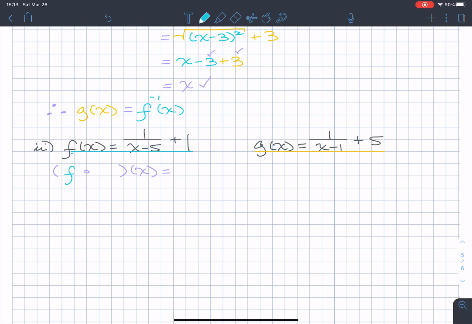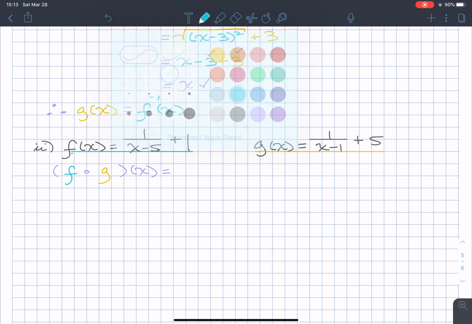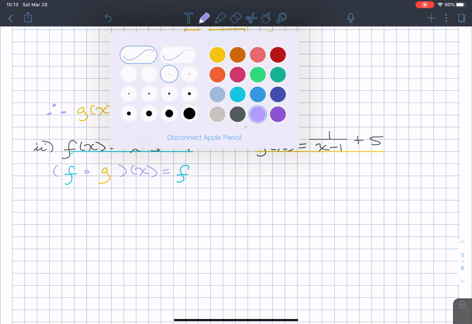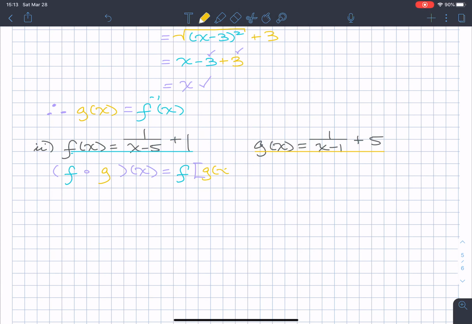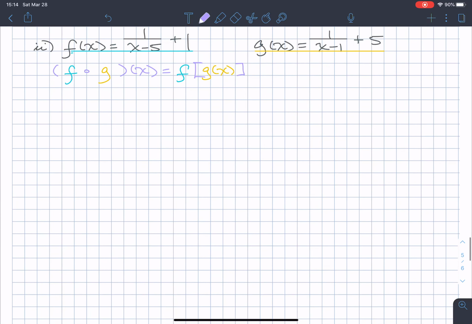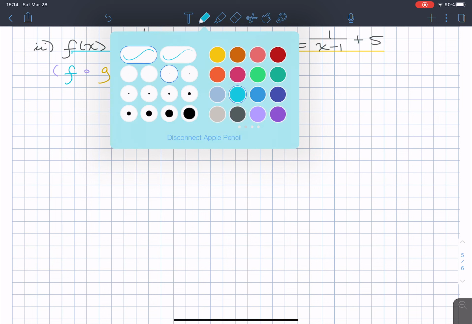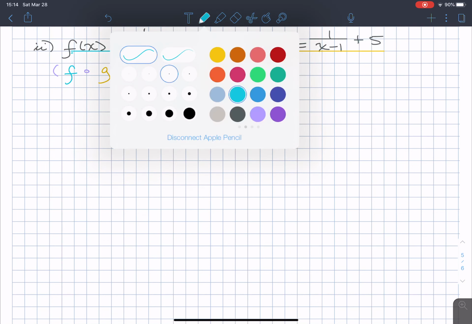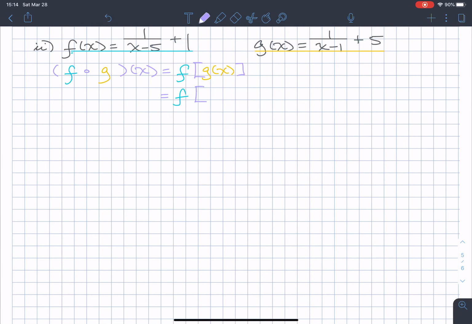So f composed with g of x means into the function for f, I'm plugging the whole function g of x. So into the function for f, I'm plugging in all of 1 over x minus 1 plus 5.